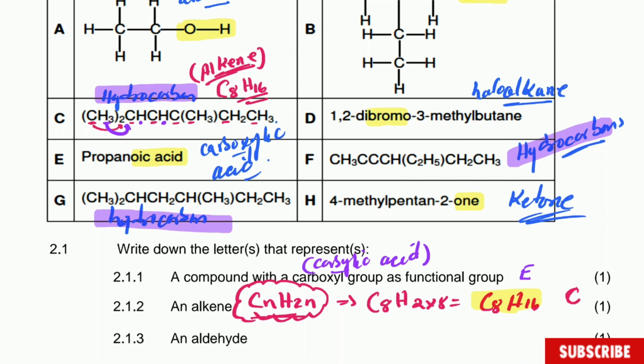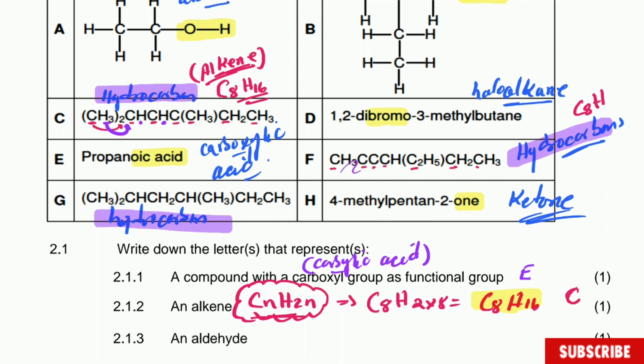They say an alkene. Now let's try the other ones quickly, and you know how to do it now. So if we count for F, for instance, the molecular formula, you have how many carbons? Let's count the carbons. 1, 2, 3, 4, 5, 6, 7, and 8. We have 8 carbons. How many hydrogens do we have here?